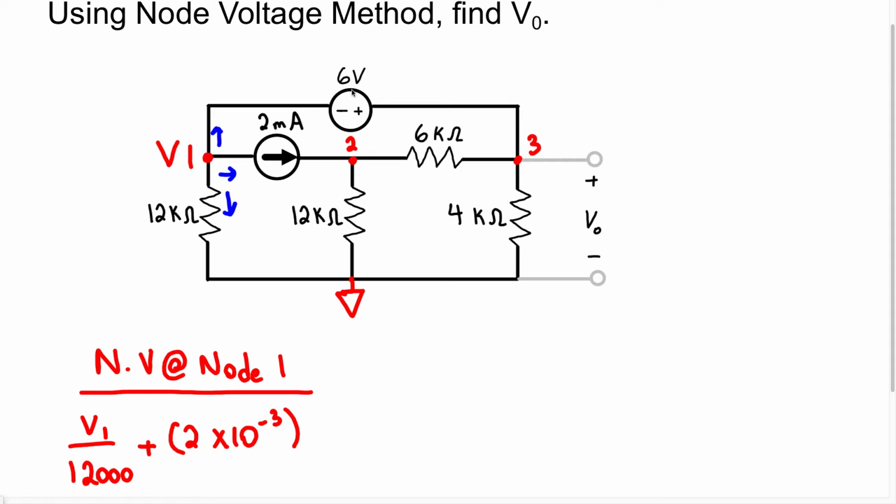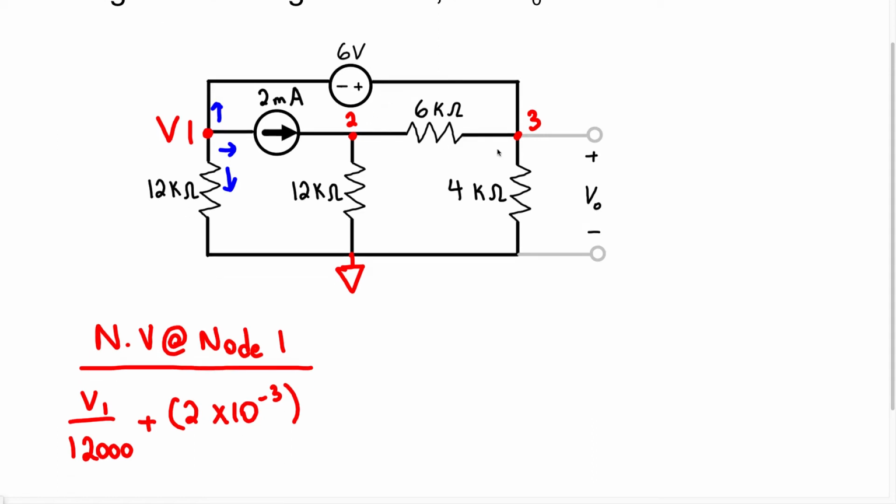So we're just going to ignore this voltage source for now, and now write the node voltage equations at node 3. So we're going to have plus V3, and we're going to assume the current is going to move away from the node in these two directions. We're going to have V3 over 4,000, which is the current flowing through this leg.